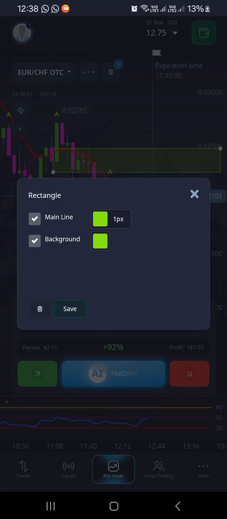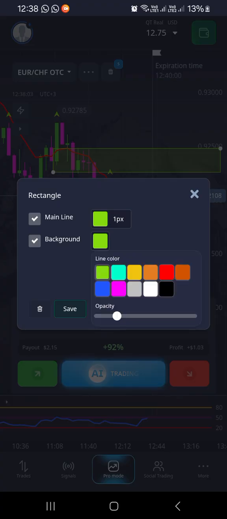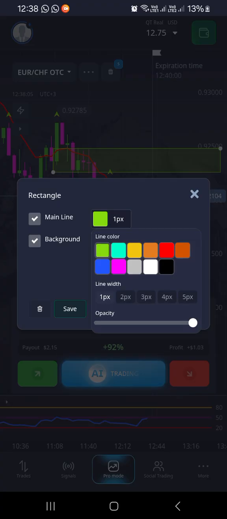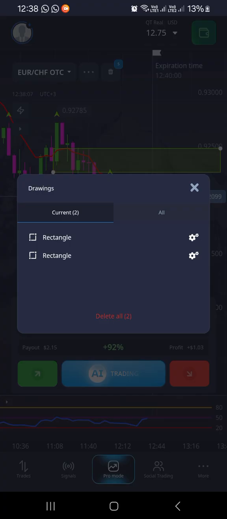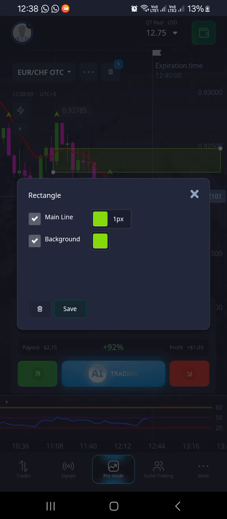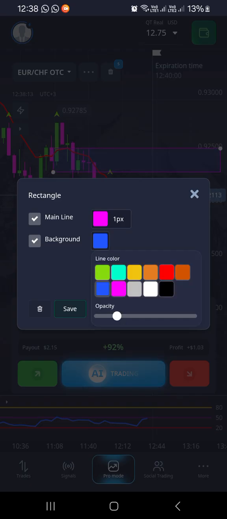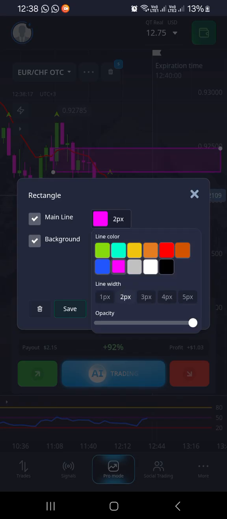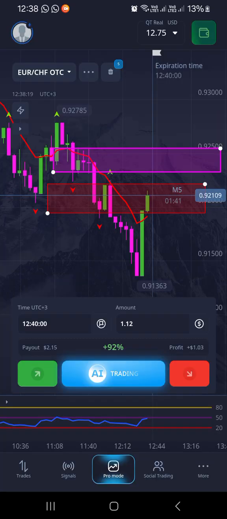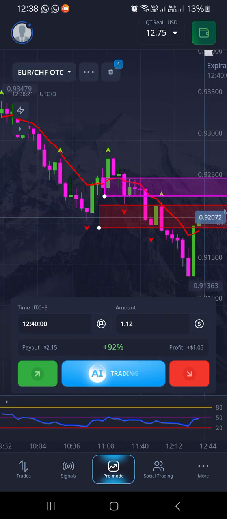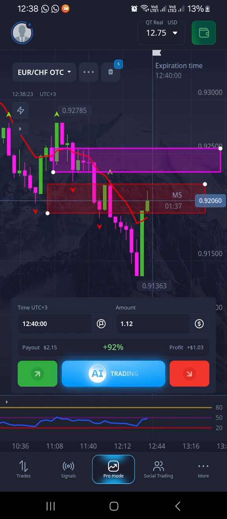Let me make it red. I mean my second, then my first. I make it pink, guys. So these are our supply zones.